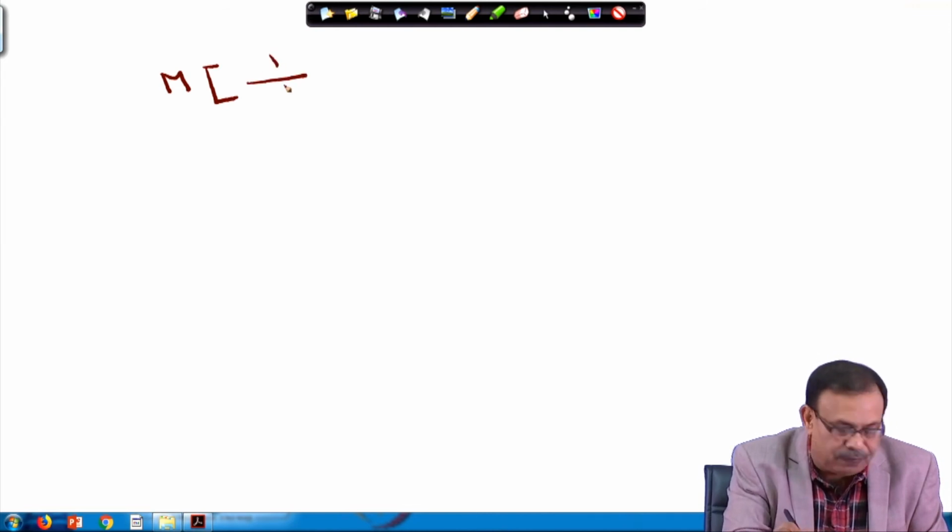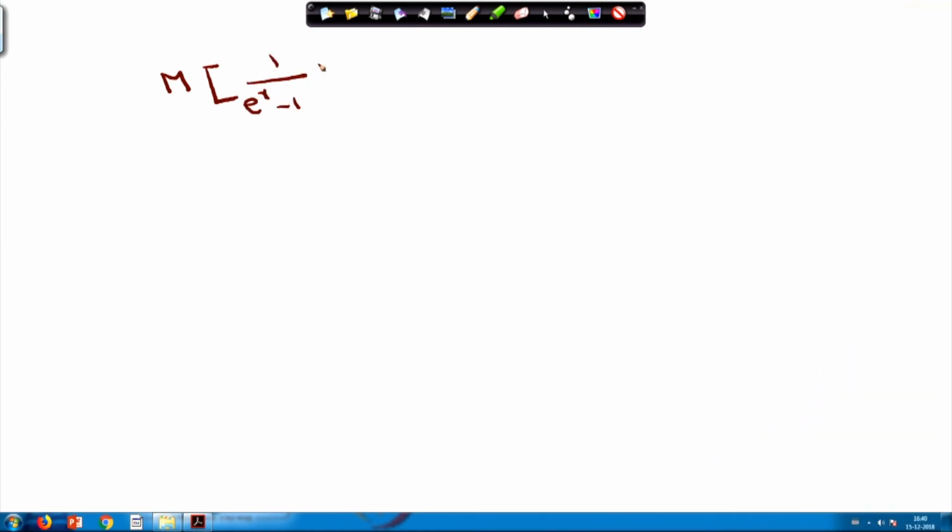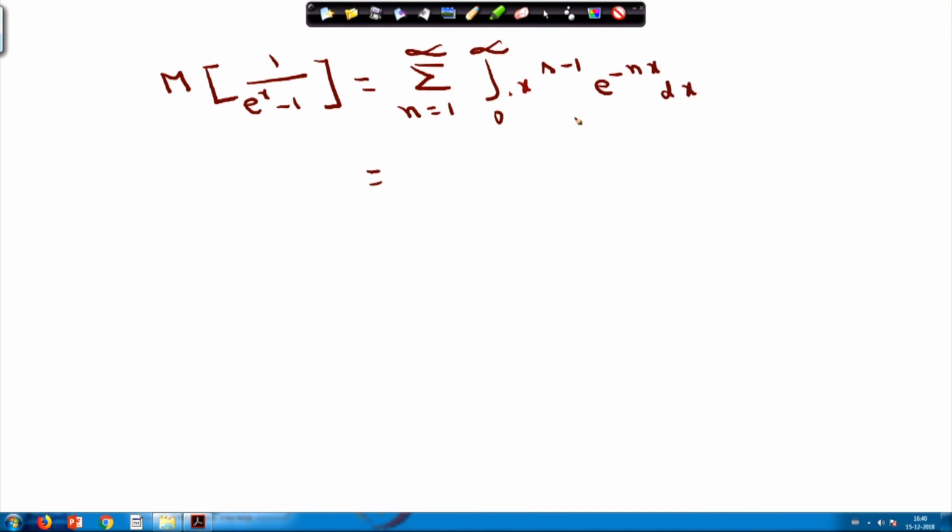The Mellin transform of 1 by e power x minus 1 equals summation n equals 1 to infinity integral 0 to infinity x to the power s minus 1 into e power minus n x dx, and this is nothing but again summation n equals 1 to infinity. The value of this integral is nothing but gamma s by n to the power s.